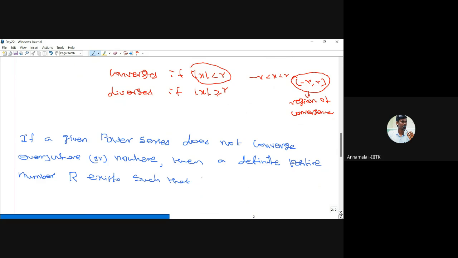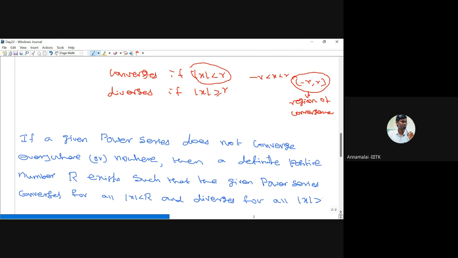Such that the given power series converges for all mod x less than r, and diverges for all x with mod x greater than r.